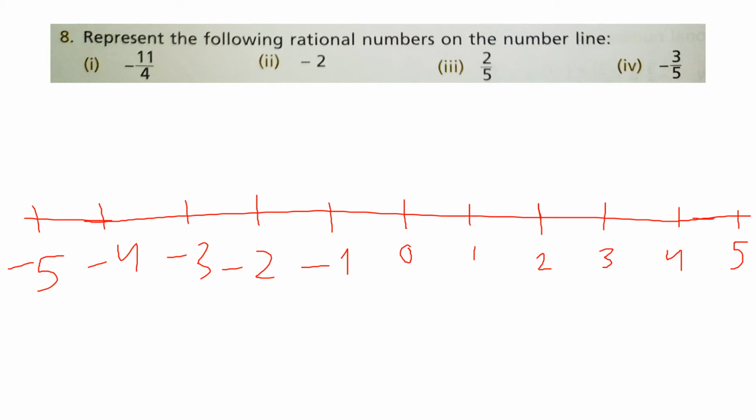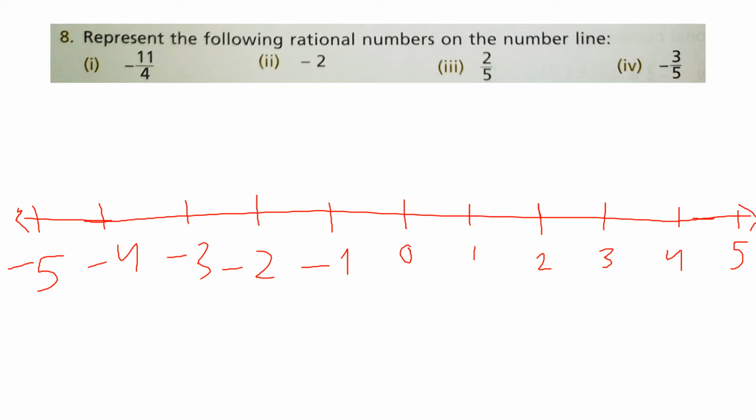So this is how you make a number line. It is very easy to represent integers on a number line, but while representing fractions you have to be very careful. As in part 2, if you have to represent minus 2 on the number line, it's very easy because here it is minus 2. So you will just mark this minus 2.